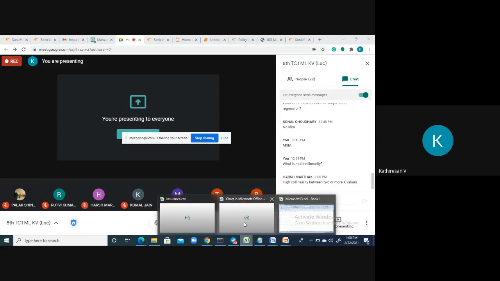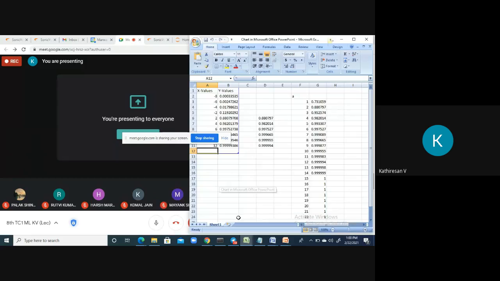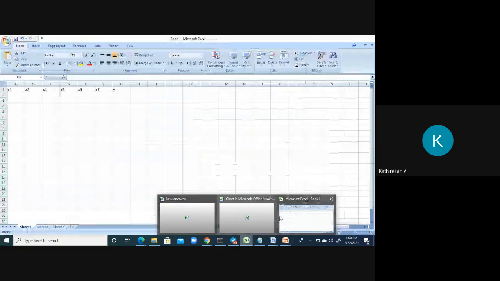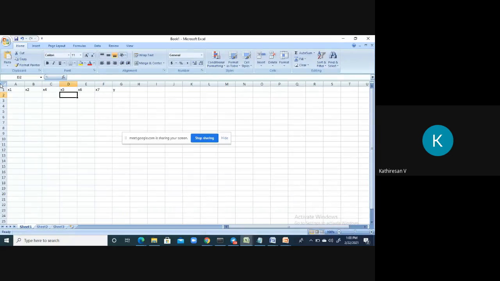See here, look at this. Here we are having x1, x2, x3, x4, x5. So correlation should be there between x and y.